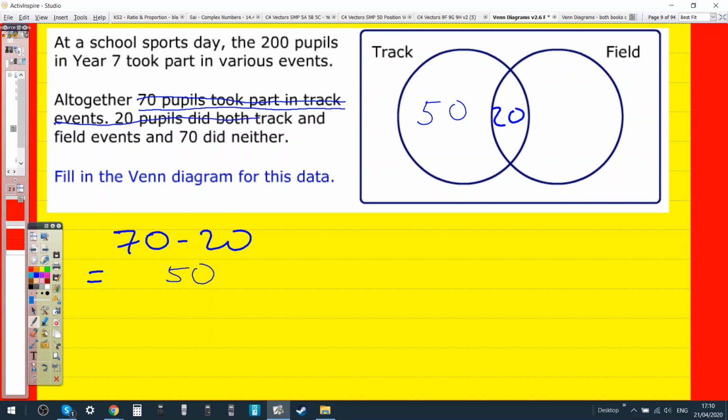We did the 20. And so what is left? So where does that go? And so what's missing? How do we get that?